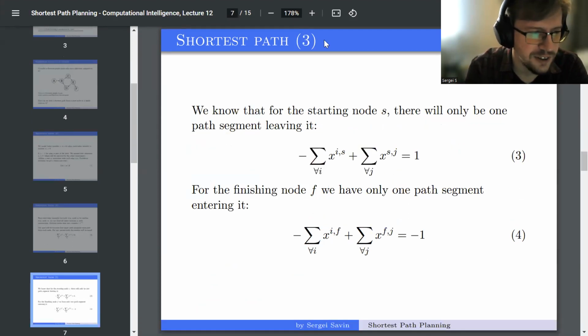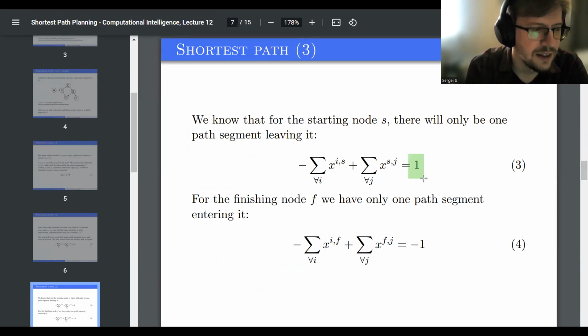Now, for a starting node, this becomes a little bit different. For a starting node, we say that the sum should be equal to 1. Because positive numbers come from the path segments that leave the node.